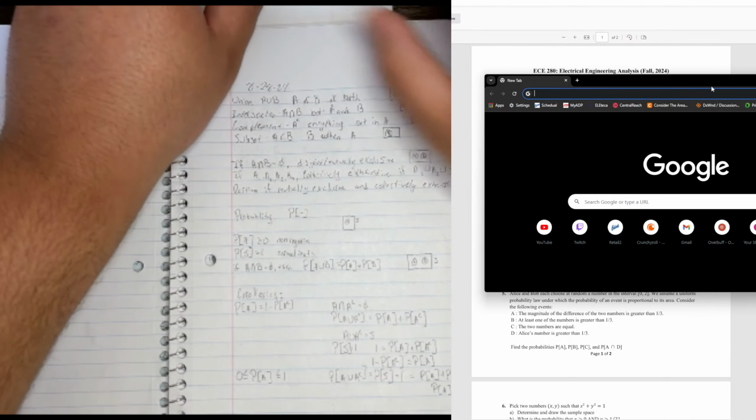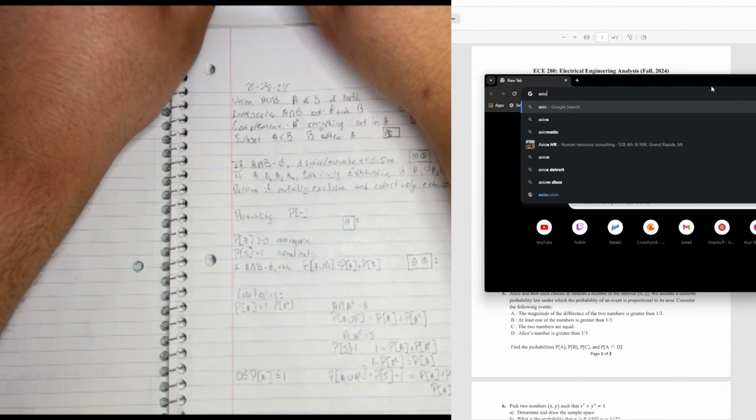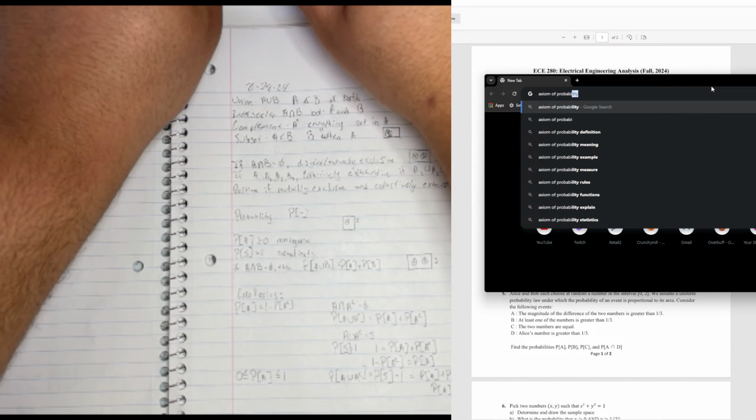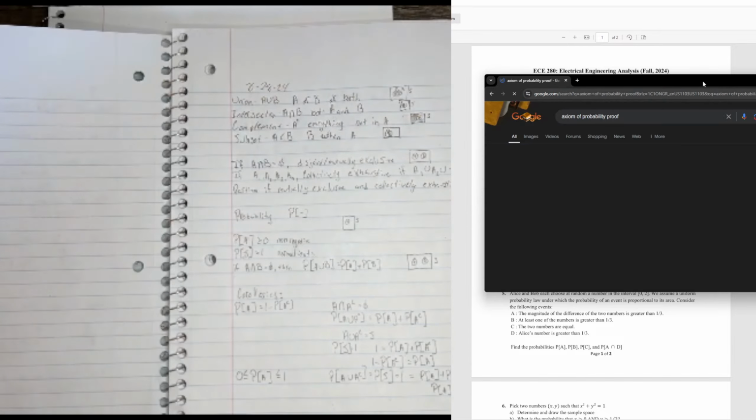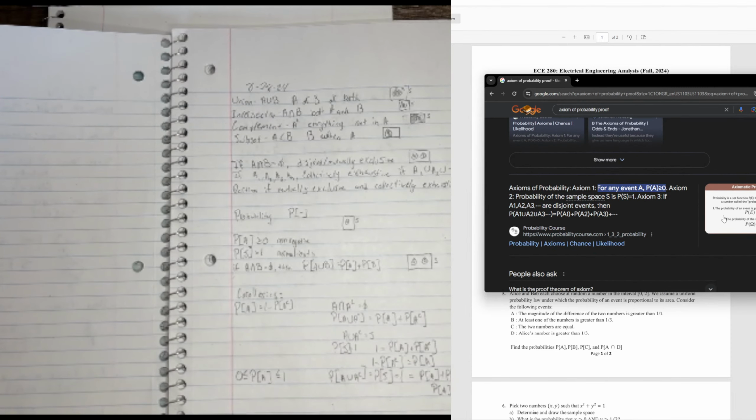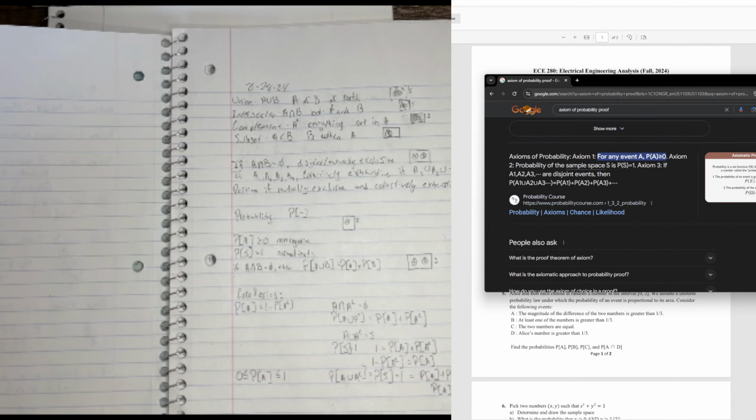Axiom of probability proof. So based on this image, we have A union B is equal to A union B intersect A. I feel like that's not really helpful.